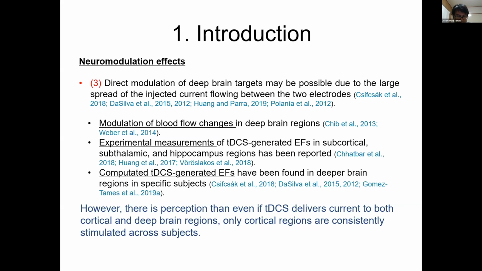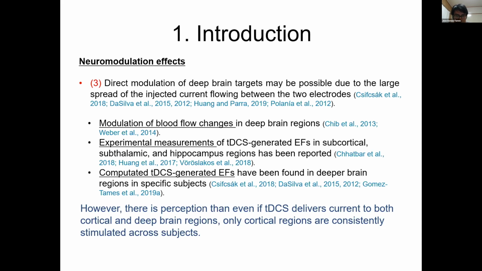And finally, the approach that I will discuss more during this presentation is using computational modeling. Using computational modeling it is also possible to predict hotspots or high fields in deep brain regions.